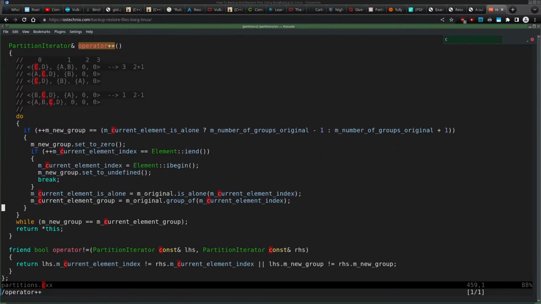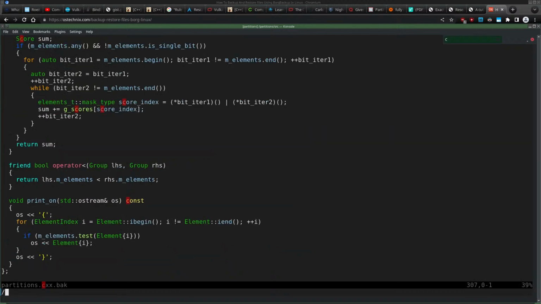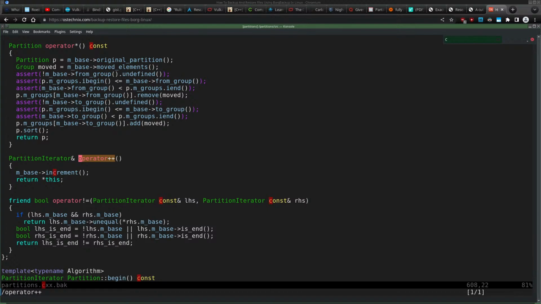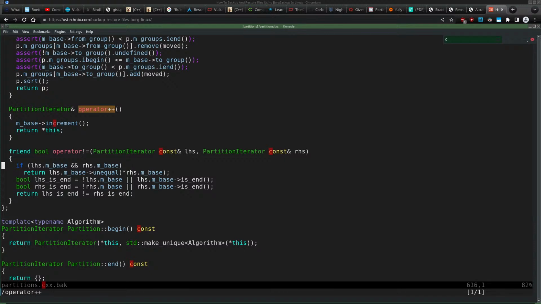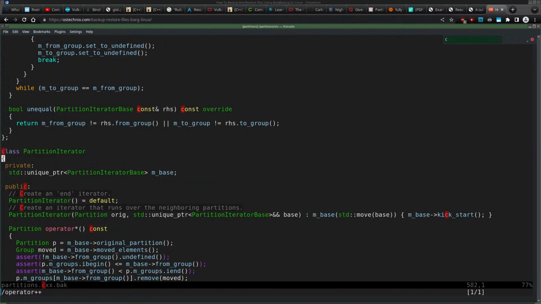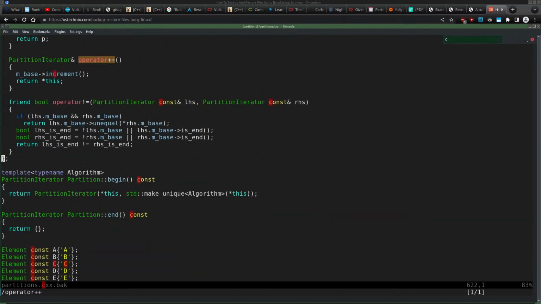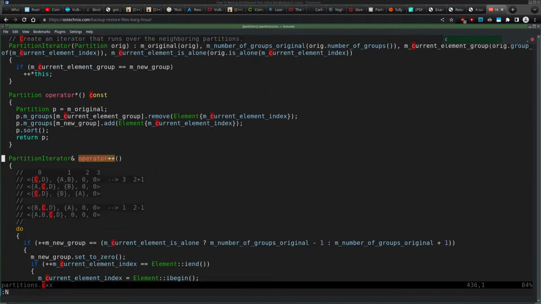For a start, this is a partition iterator. Next, partition iterator in. Okay, so the partition iterator is a member of partition iterator. What? Operator plus plus is a member of partition iterator. And this one worked.